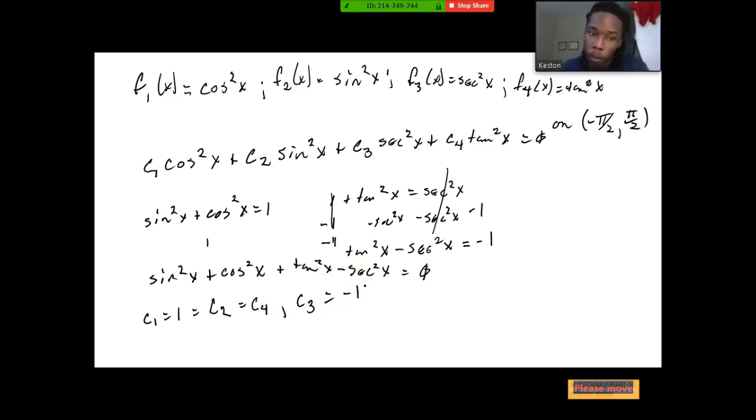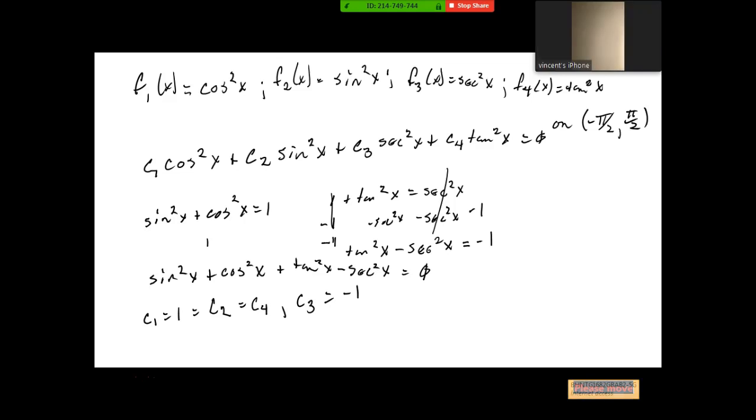There's a set of C's, not all equal to 0, not even a single one of them equal to 0, that makes that sum equal 0. That means you could take any one of those functions out of that and make it a linear combination of the other functions. For instance, just add secant squared to both sides of the equation. You get secant squared x is equal to sine squared x plus cosine squared x plus tangent squared x. Surprise, surprise. There it is. Linear combination of those others.